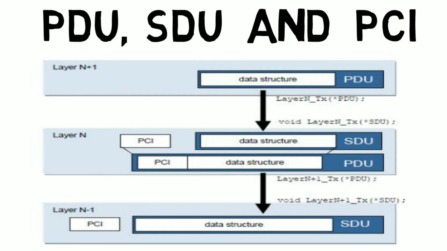For illustration, PDU comes from the upper module to the lower module as a service data unit, and a header is added, so it becomes the PDU. When it goes from the top layer to the lower layer, the header is added, and once it goes from the lower layer to the upper layer, the header is removed.